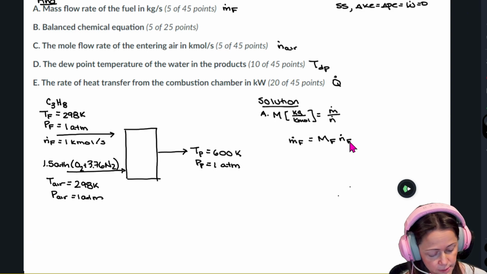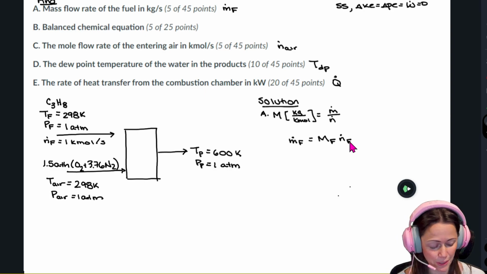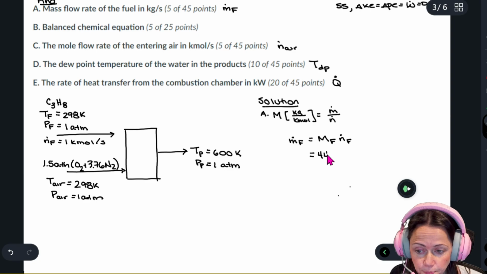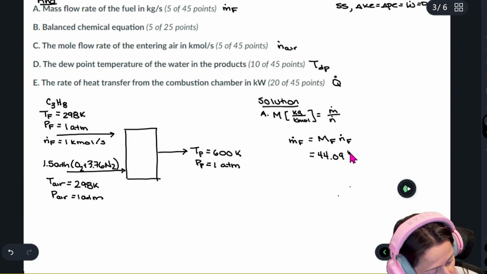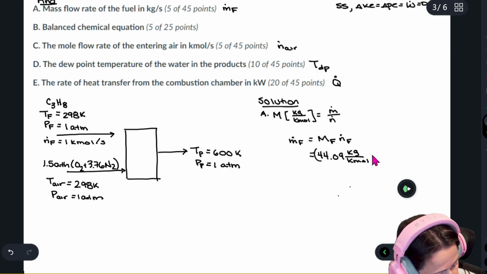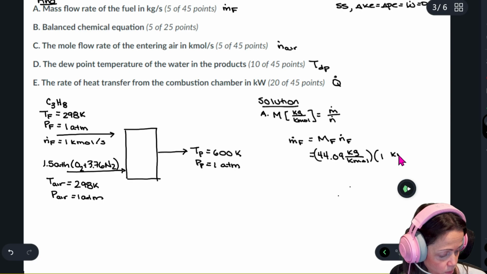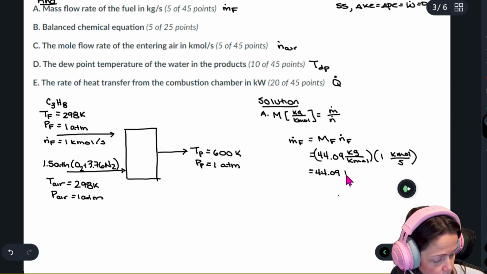And molar mass, you can look it up for C3H8, or you could do a quick calculation. It's 44.09 kilograms per kilomole times the mole flow rate, which is 1 kilomole per second. So it just ends up being 44.09 kilograms per second.